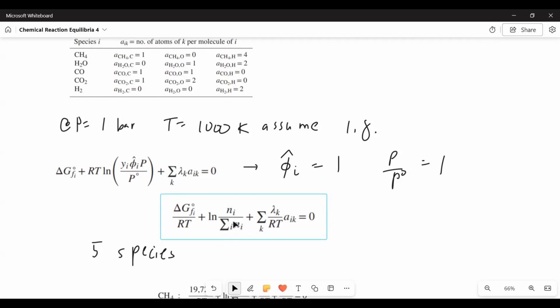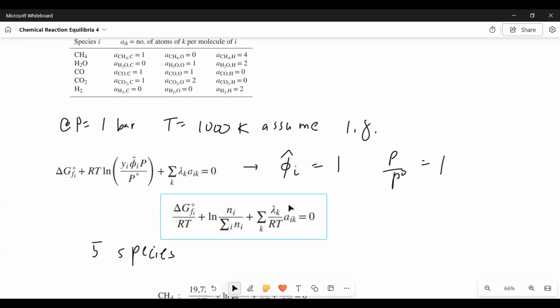So this is n total. Therefore, our equation can be written as this one. This is the base equation, and it's transformed into this working equation wherein we already substituted the values for the fugacity coefficient and P over P naught, leaving us with y sub i, which we expanded into the number of moles of species i divided by the total number of moles.